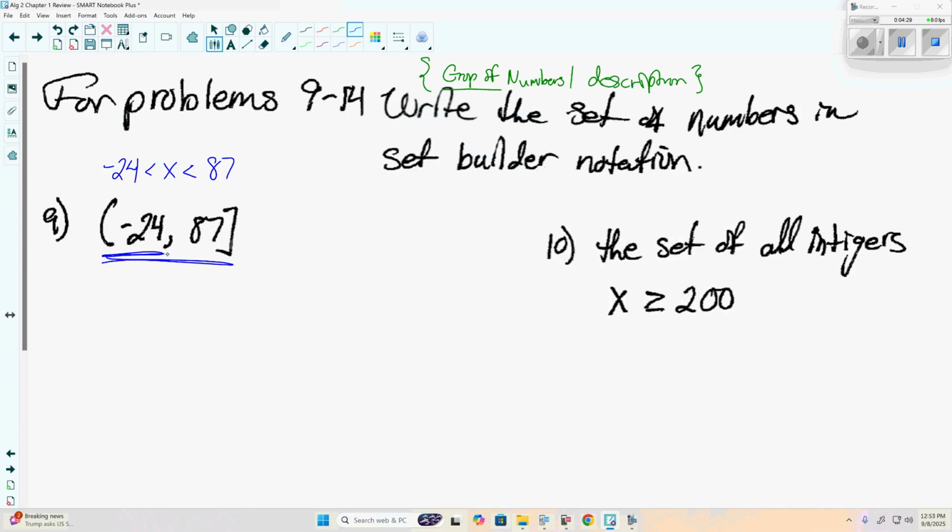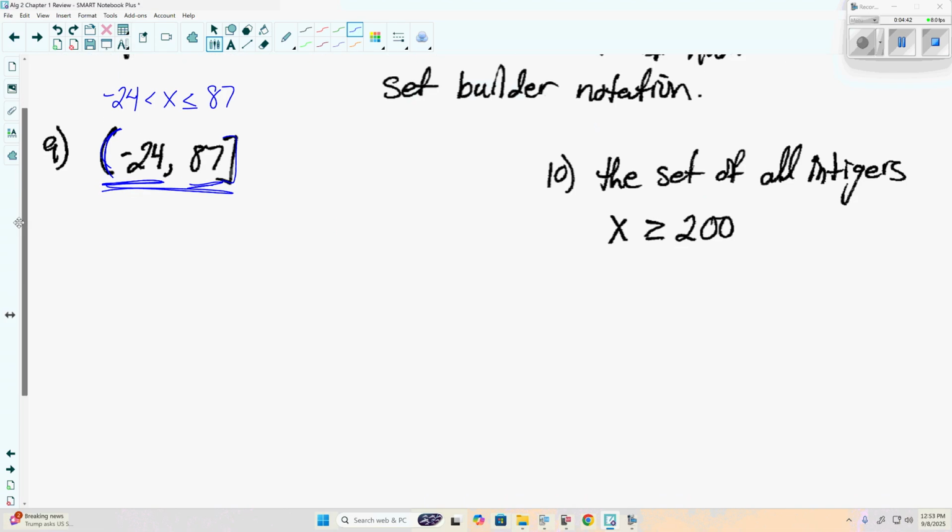Can x be equal to negative 24? Well, it has a parenthesis, so that is a no. The 87, brackets tell us yes. Questions on how we wrote that inequality? Now that we have it as an inequality, we can write the set builder notation.